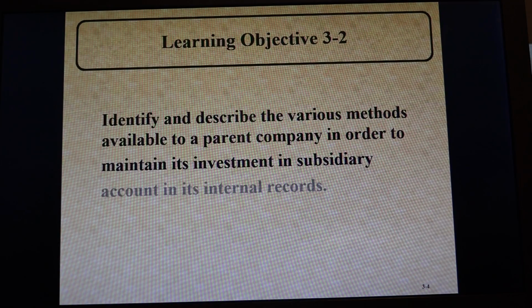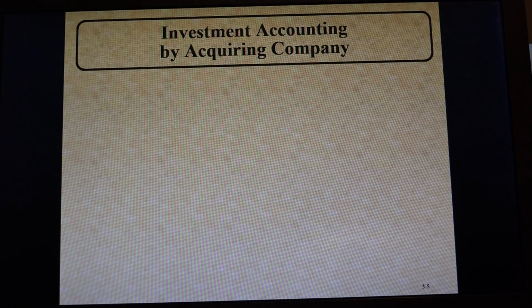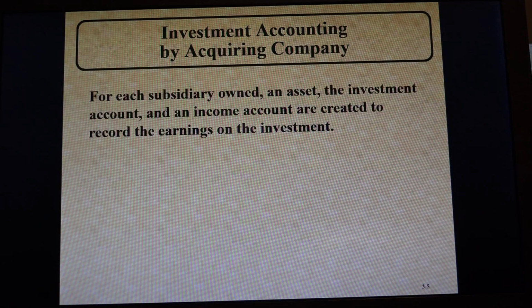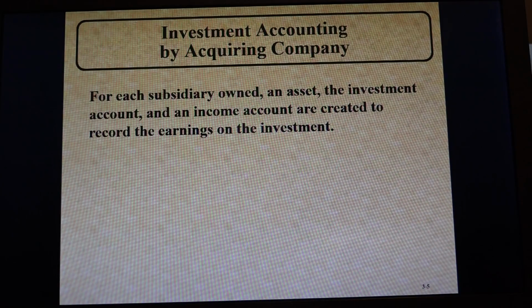And so there are 3 main methods for accounting for an investment in the acquired company by the parent. And so for each subsidiary owned, an asset called the investment account and an income account are created to record the earnings on the investment.